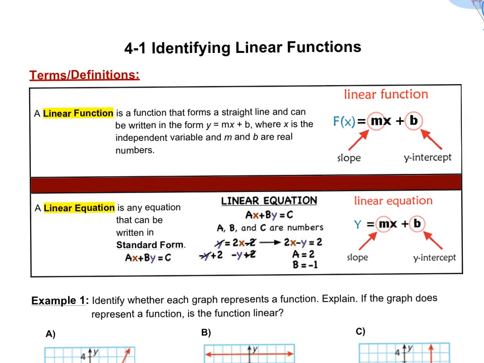And a linear function is always going to be able to be written in the form of y equals mx plus b, where x is the independent variable, and m and b are real numbers. In other words, they're digits. It's not any imaginary number. They're numbers like -1, 1/4, a third, -0.7. All of those would be considered real numbers.